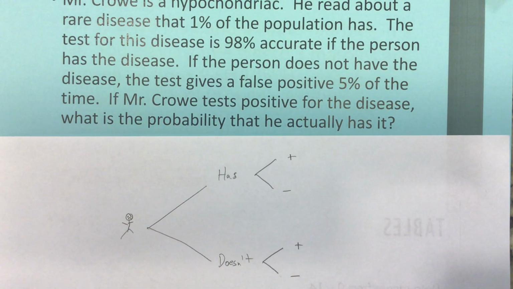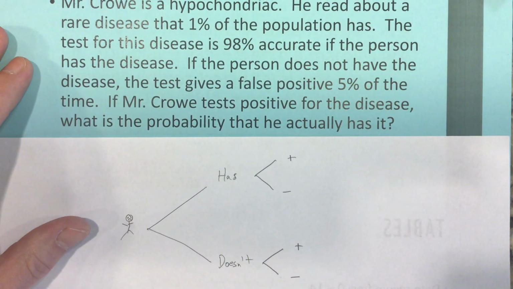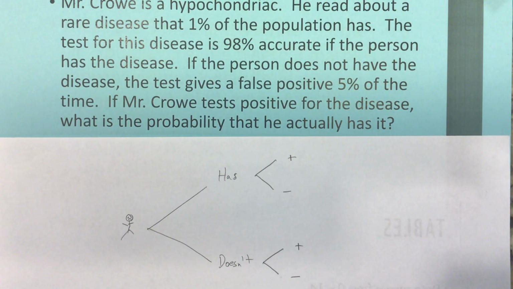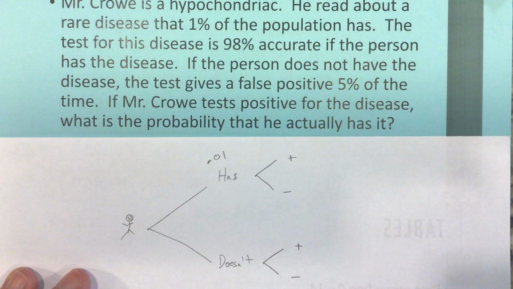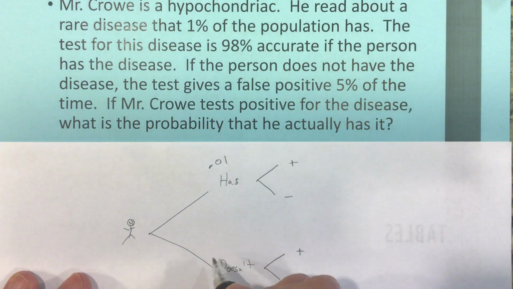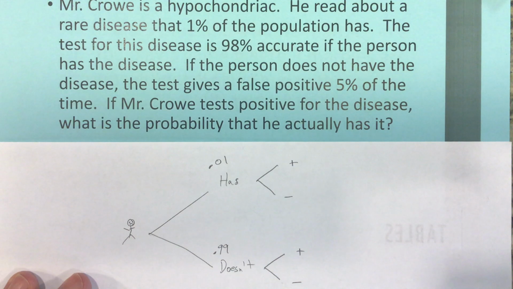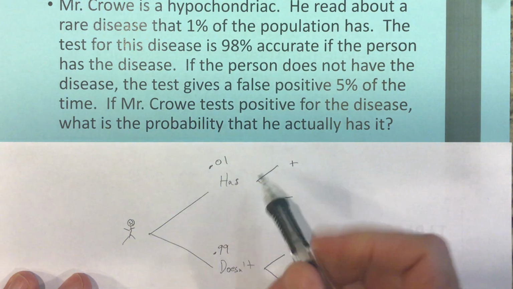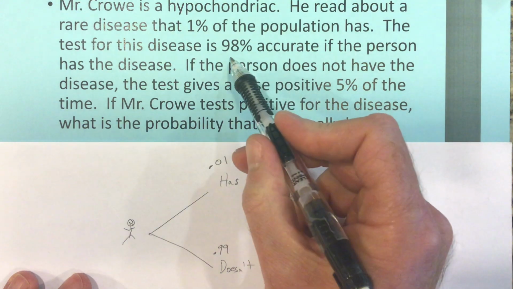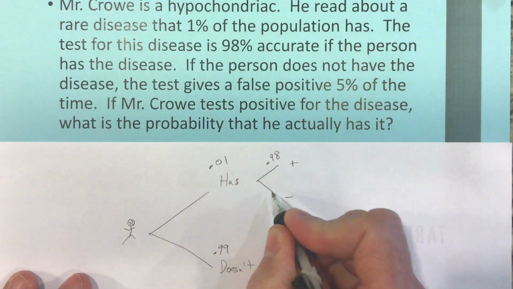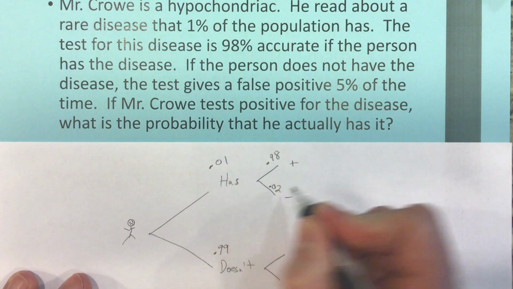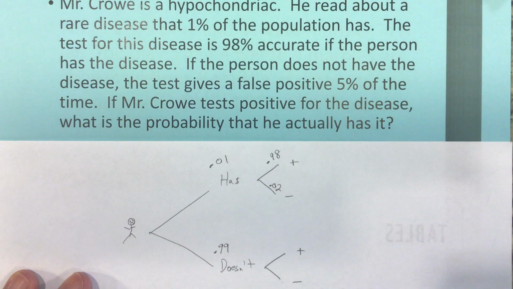Okay, so now I have to put my probabilities in here. So 1% of the population has the disease. 99% of the population doesn't. Now, if you have the disease, it's 98% accurate that I will test positive, which means 2% of the time you would test negative. Over here, if I don't have the disease, 5% of the time I would test positive even though I don't have it.